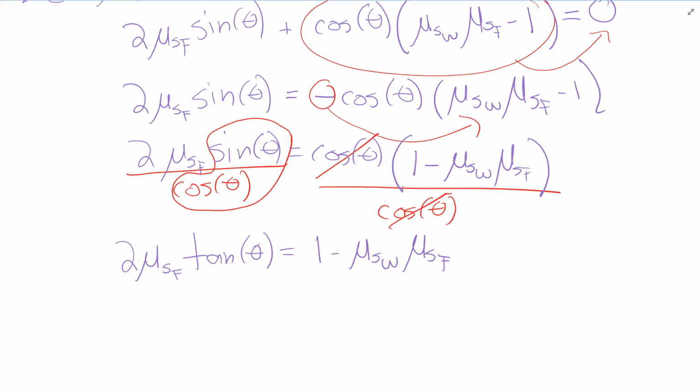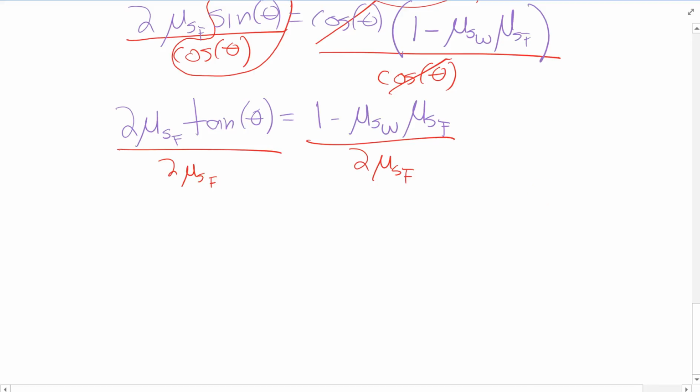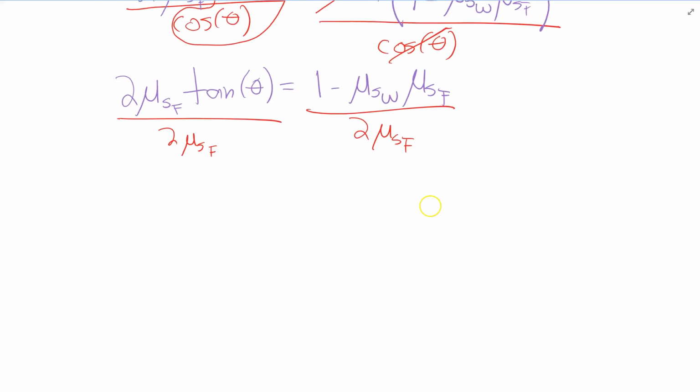I am missing one more piece though. I do need to divide by 2 mu static floor on both sides so that I have completely isolated my theta variable. So that's going to give me tangent theta equals 1 minus 2, oh, I'm sorry, not 2.